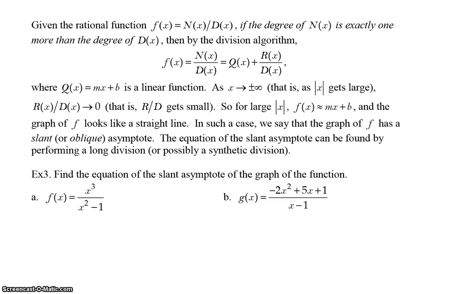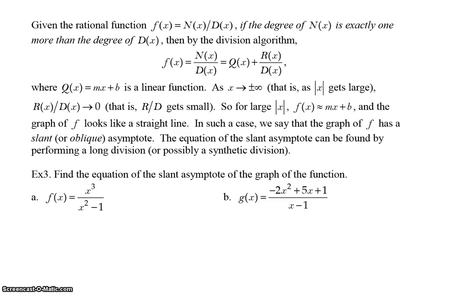It will approach 0. The arrow there is read as approaches. So r of x over d of x approaches 0. So as x gets large in magnitude, the function looks more and more like a linear function. f of x will be approximately the quotient, which is mx plus b. And the graph of f ends up looking like a straight line.